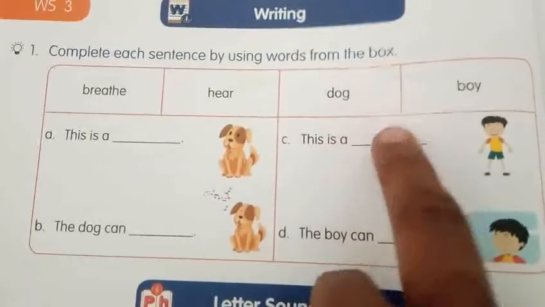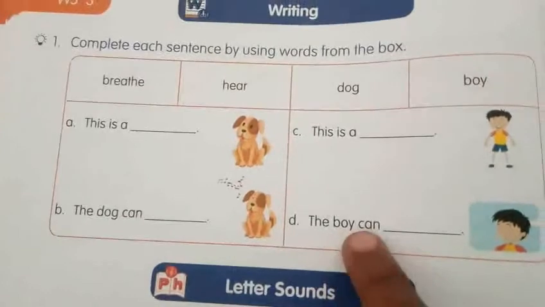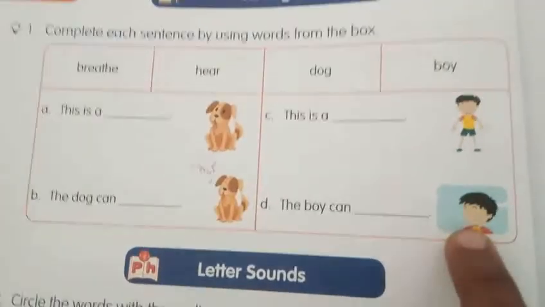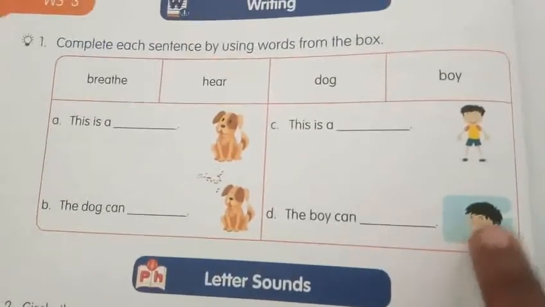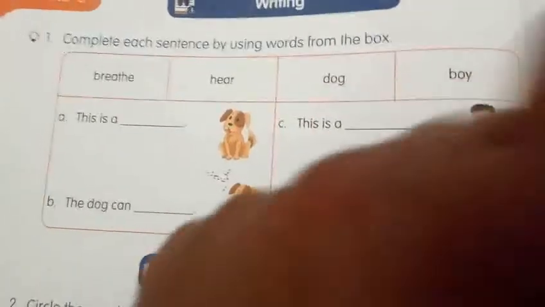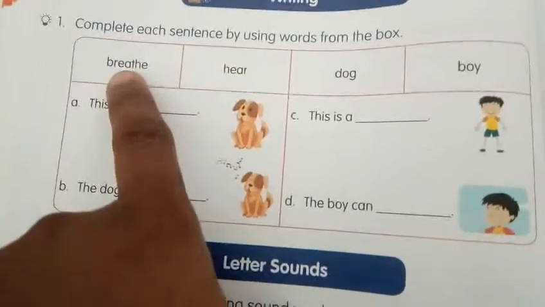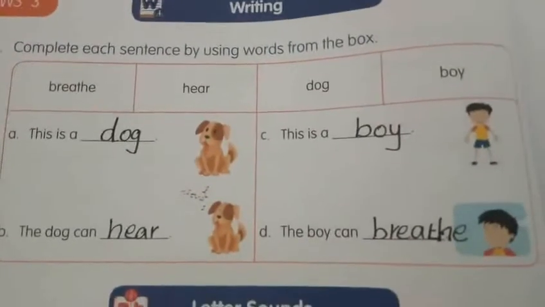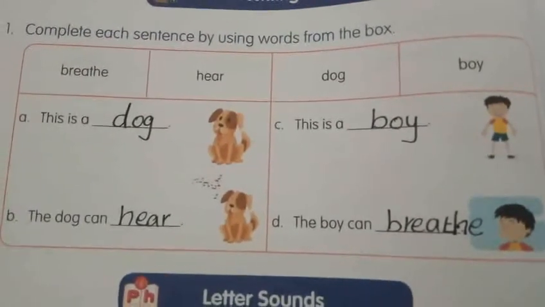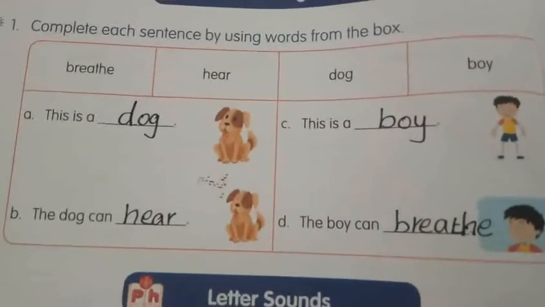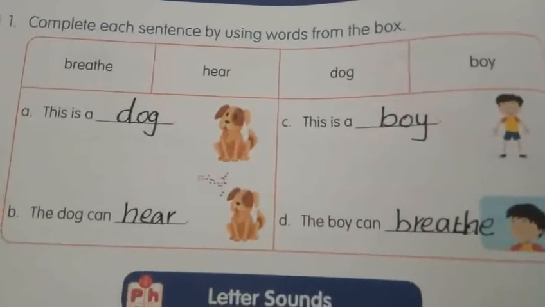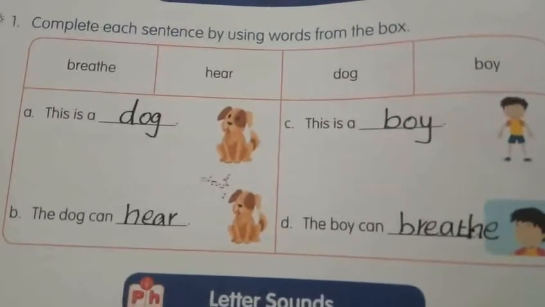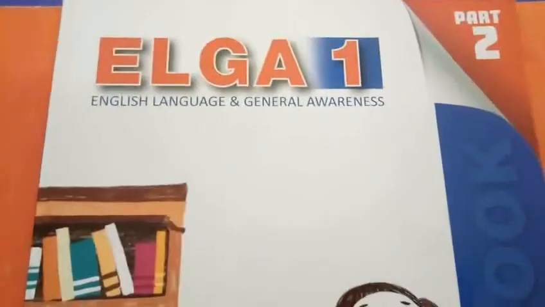So this is a boy, I will write. The boy can dash. This boy can breathe. Is there any word from here? Yes, breathe. So we have to write this. See this, my dear children. Dog, hear, boy and breathe. You have to pause this video and then write the answers.